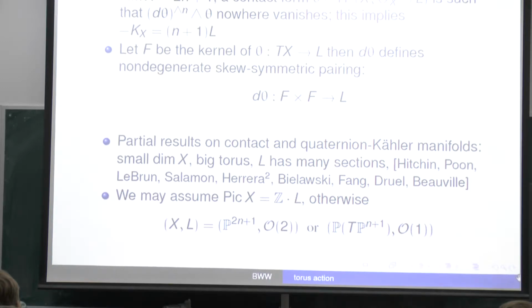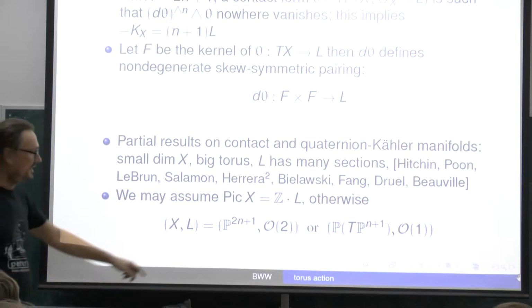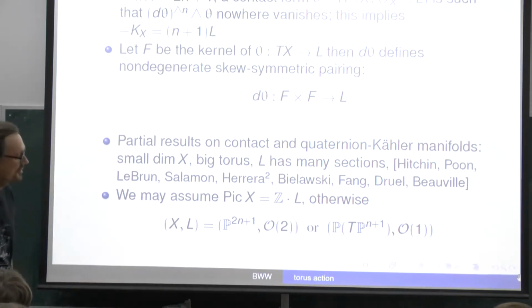Then there are two cases which are solved based on the knowledge of Fano manifolds. It was observed by LeBrun and Salamon that if the Picard group is not generated by this line bundle L, so if L is divisible, then we have the contact structure on the odd dimensional projective space.